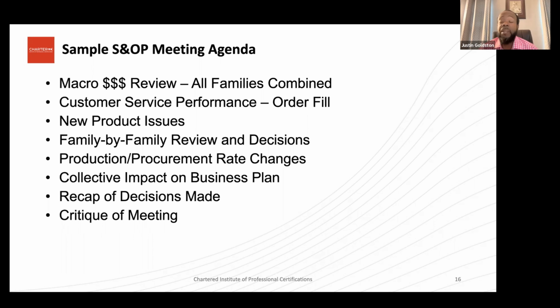and that's an input to our S&OP meeting. And then we're going to do a product family by product family review during this meeting to see how these families are comparing to each other. And then we also want to look at the costs from an organizational perspective to see if there are any rate changes from a production perspective.